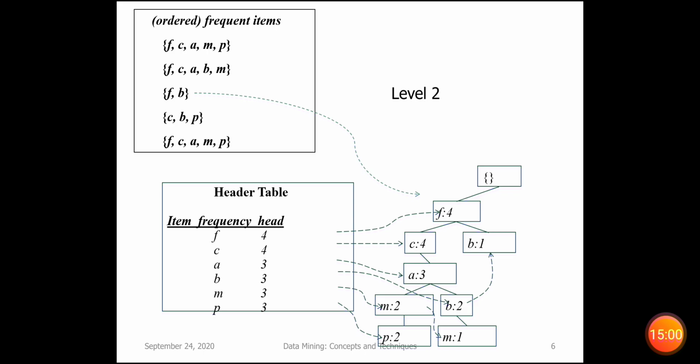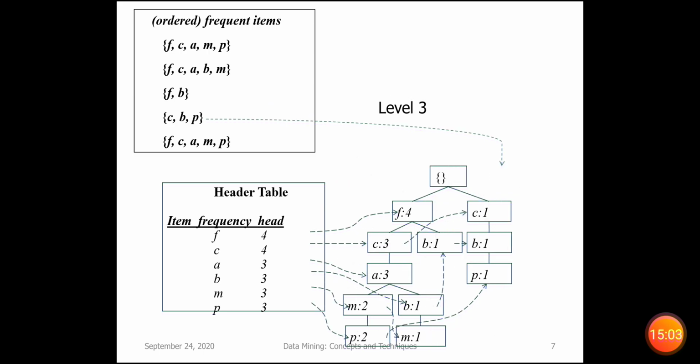Next we will go for level 3. There the transaction CBP will be considered from the ordered frequent items table. For the CBP item set, we are going to create tree structures. C is the first node, so it should be connected with the root node. So we directly create a node C linked with the root node, followed by B, so one more B node is created.